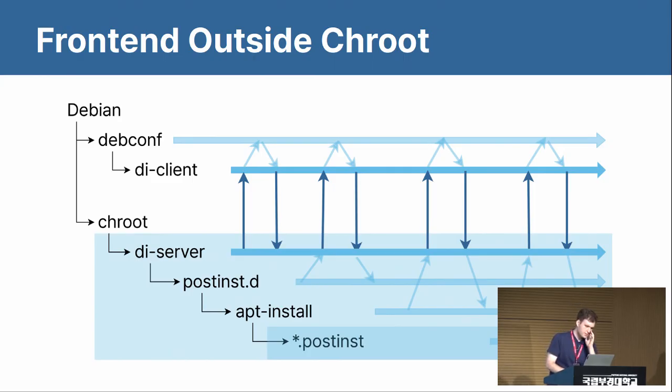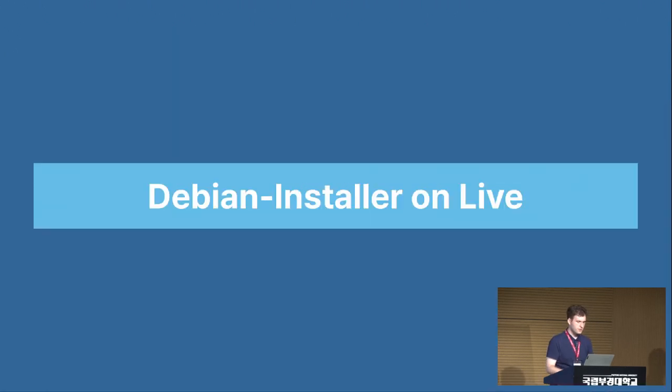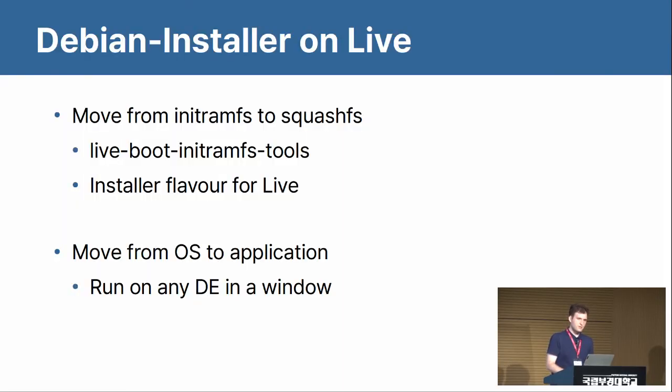We might want to have Debian installer on a live system, maybe a live flavor of Debian installer might be something good to move towards, instead of having the Debian installer build its own system itself.